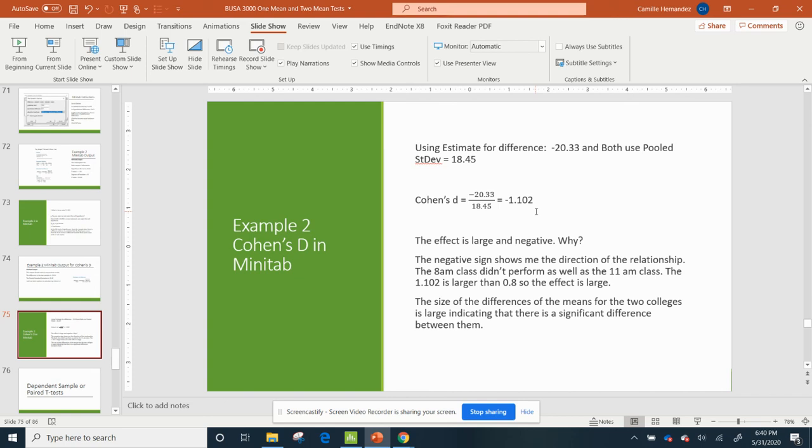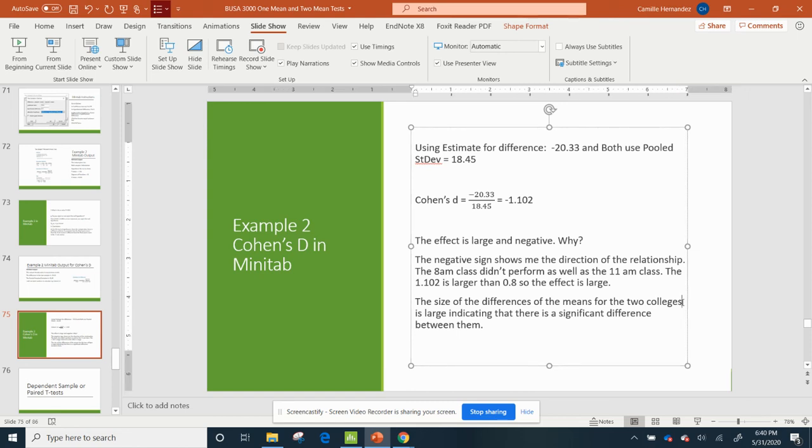The 8 a.m. class didn't perform as well as the 11 a.m. class. The 1.102 is larger than 0.8, so my effect size is large. So the size of the difference of the means for the two classes is large, indicating that there's a significant difference between them.